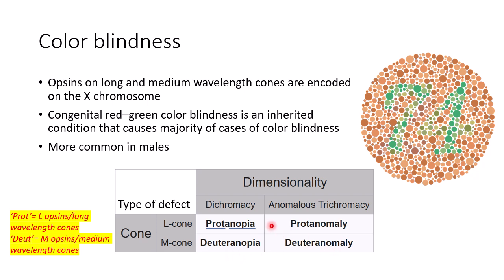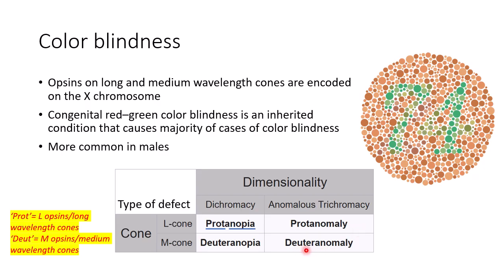Now, similarly, protanomaly and deuteranomaly. Here, the word that has changed is anomaly. Anomaly means there is a defect, but not absence. Protanomaly means red is defective, mind you, not absent.